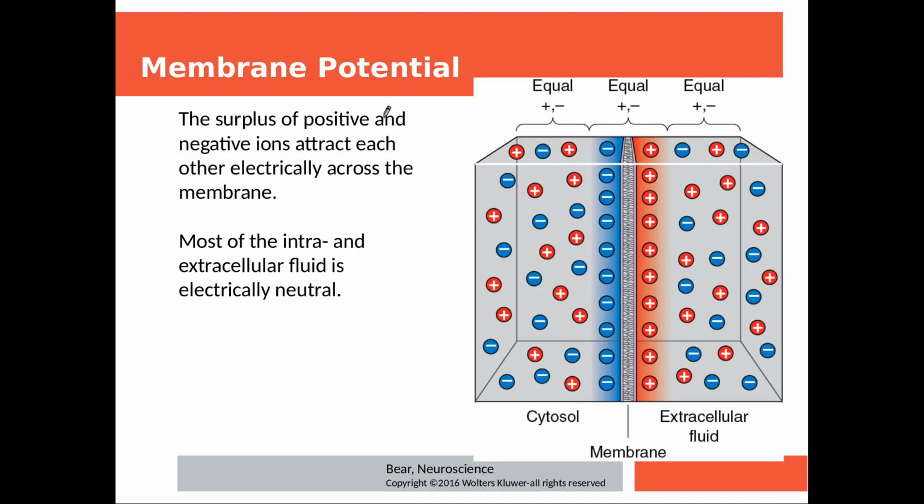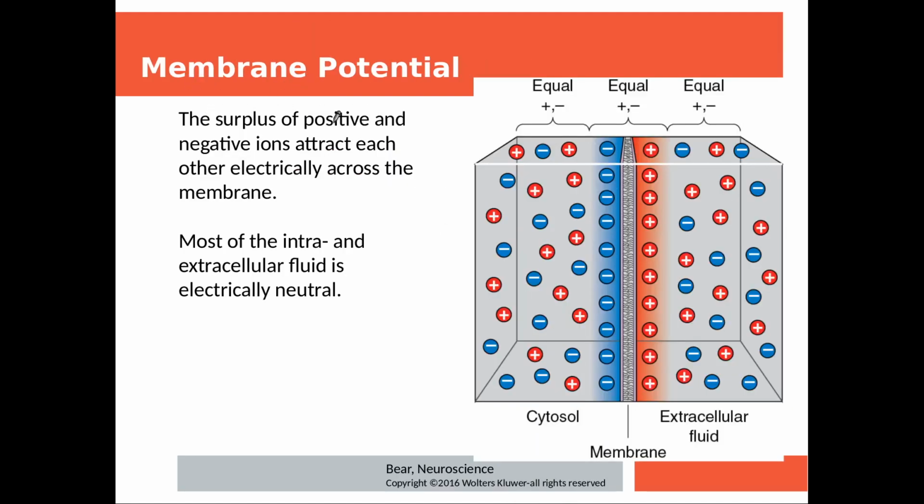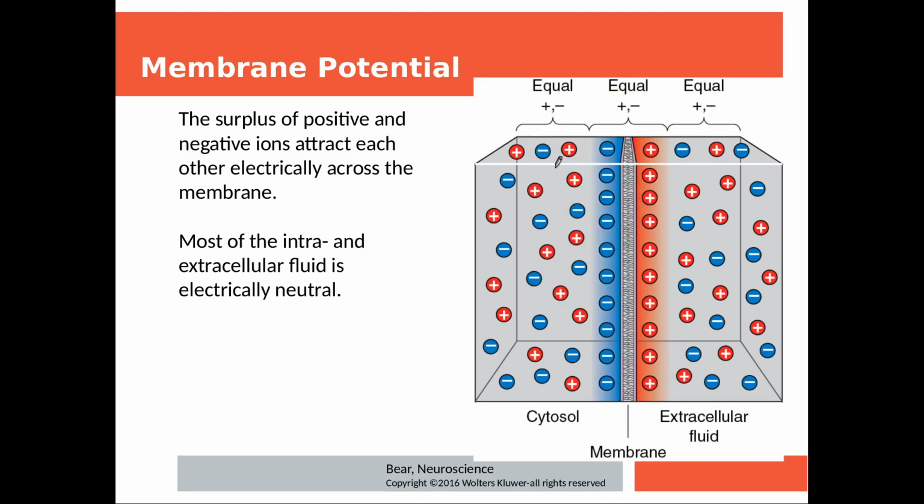Because of this process, you end up with a potential difference across the membrane, because the negative guys stuck in here attract the positive guys out here. So if you measure almost anywhere, you'll see a potential difference in voltage between the cytosol, the stuff inside the cell, and the extracellular fluid, which is the fluid outside of the cell.